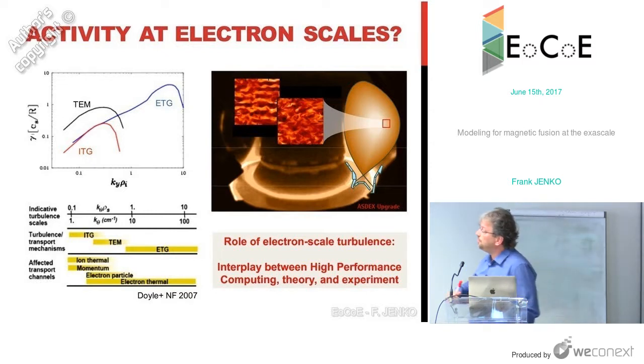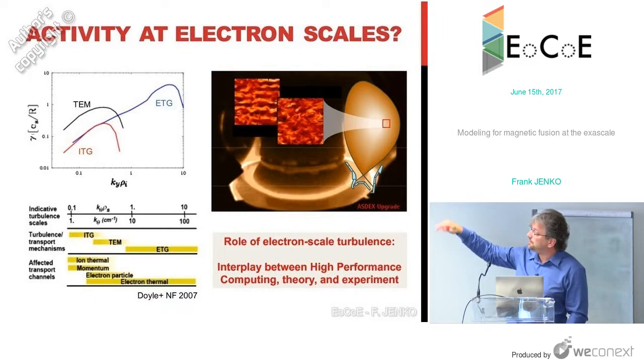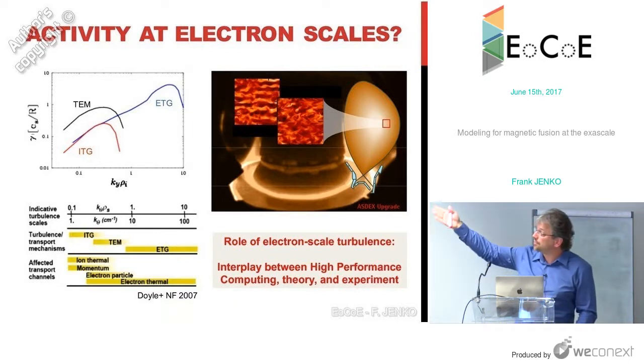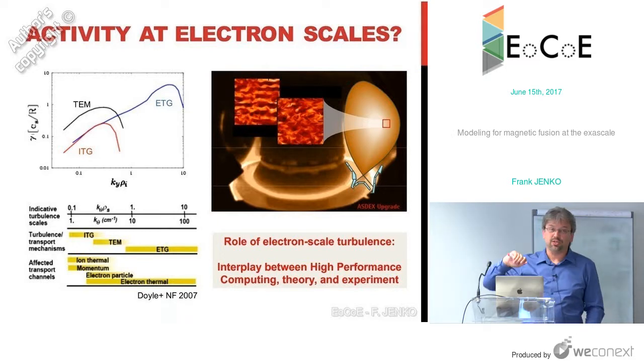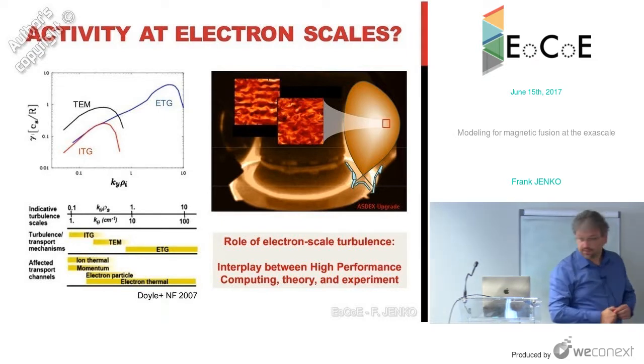But we knew for a long time that, so this is the linear growth rate as a function of wave number. When you go to the upper right, that means these instabilities which drive the turbulence live at smaller space-time scales. So we knew that there were these electron temperature gradient or ETG modes, but everyone thought, based on back-of-the-envelope calculations, that they're not important.